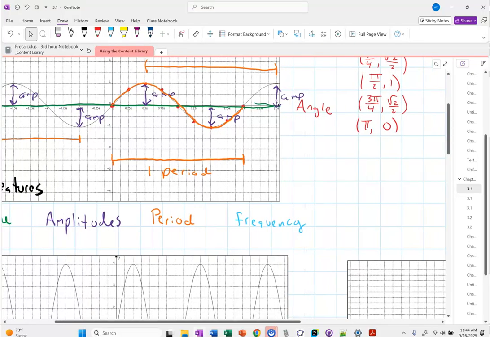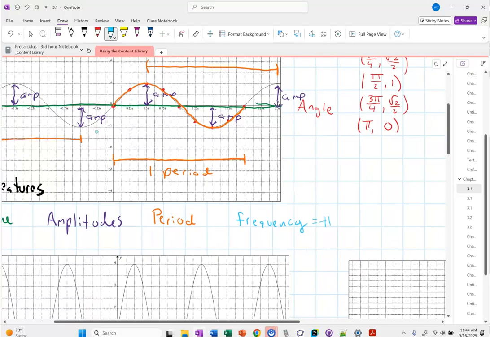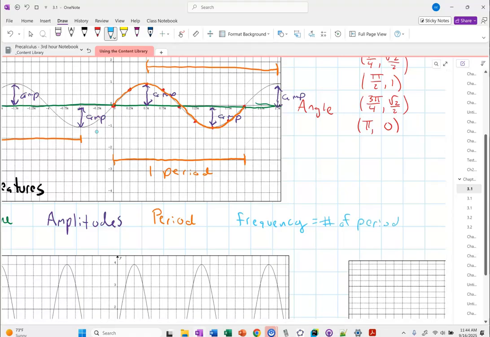Because the frequency is just the number of periods per unit length. So it's like, how many periods do I get in one unit of my x-axis? That's kind of what we're describing.